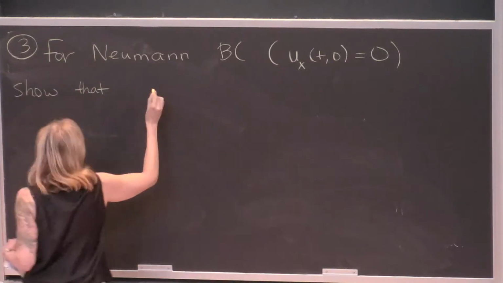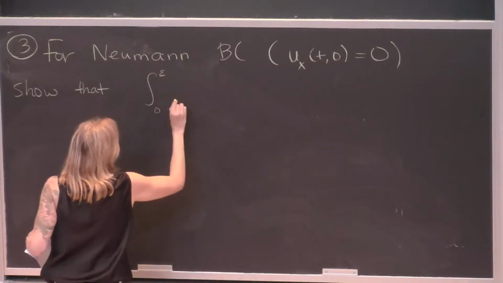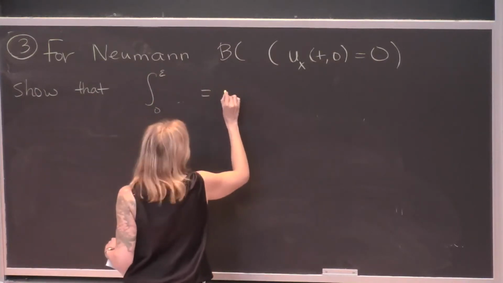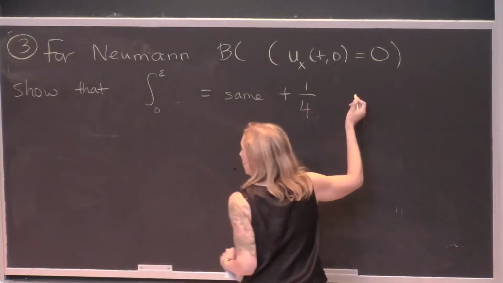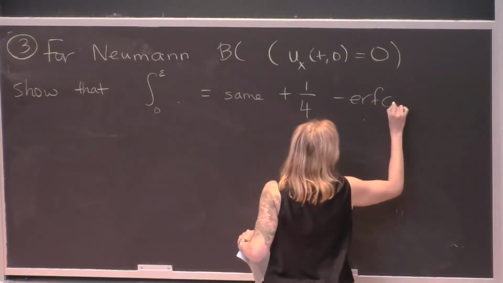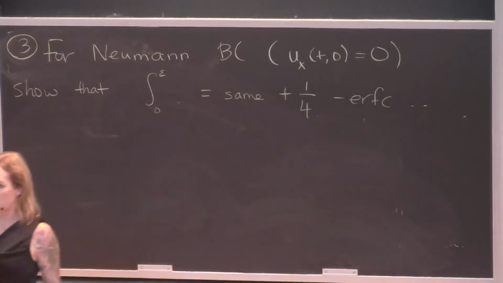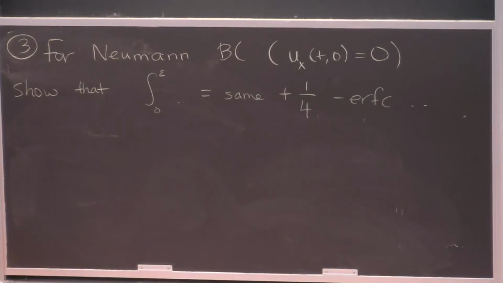The same calculation will be, you get the same first term, and then you get plus 1/4, and then minus the erfc term. It'll be the same as Neumann, at least the leading part, because Robin is sort of like Neumann up to leading order. Yeah. Okay. So that was our warm-up.